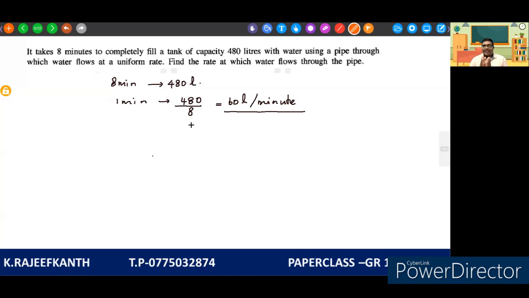So we have to find the rate, so we can use 1 second or 1 minute or 1 hour, whatever it is. Here I used minutes because they have given the time in minutes, so I found the answer for a minute. So 8 minutes, it fills 480 liters. So in 1 minute, 60 liters. If you wish, you can convert it to seconds also.